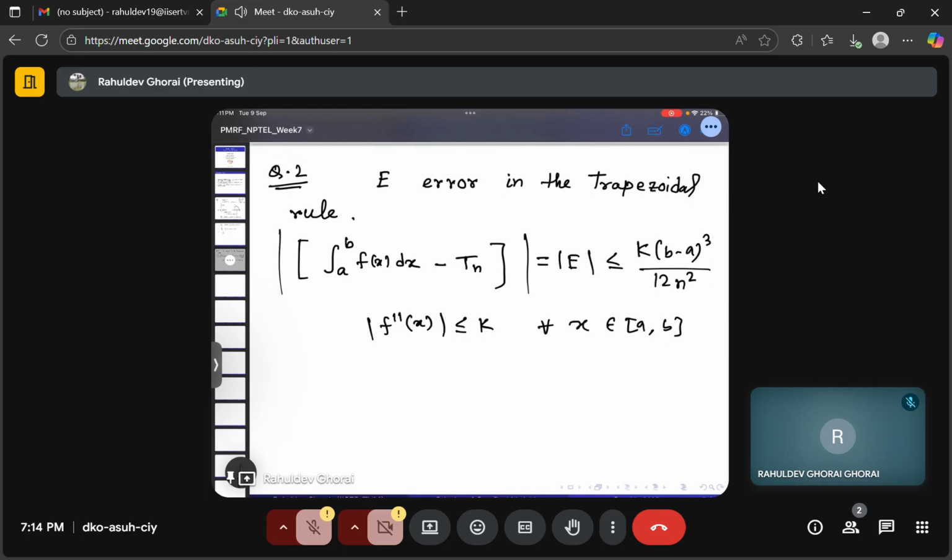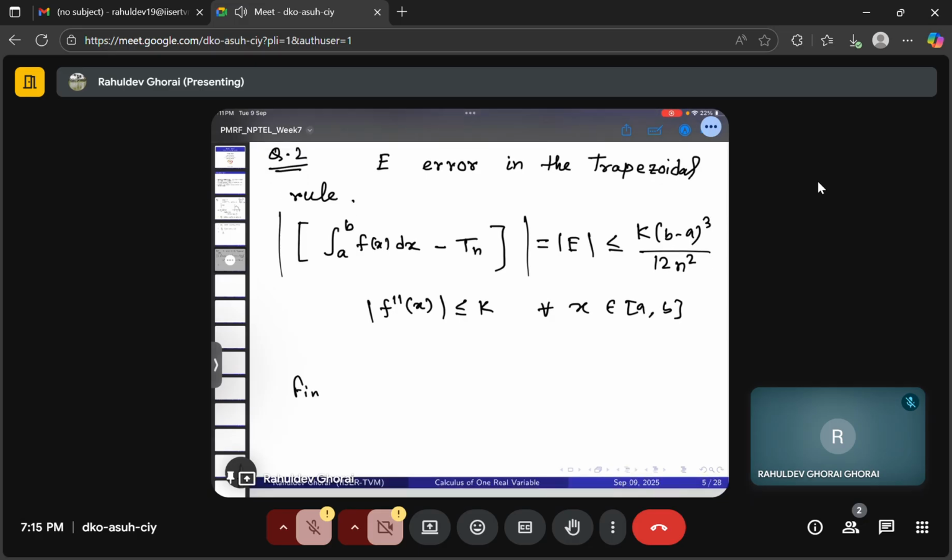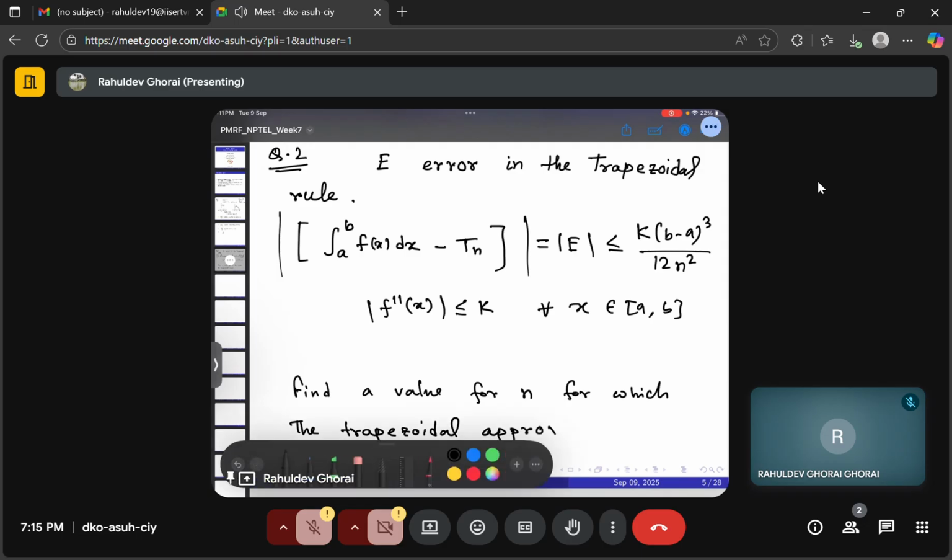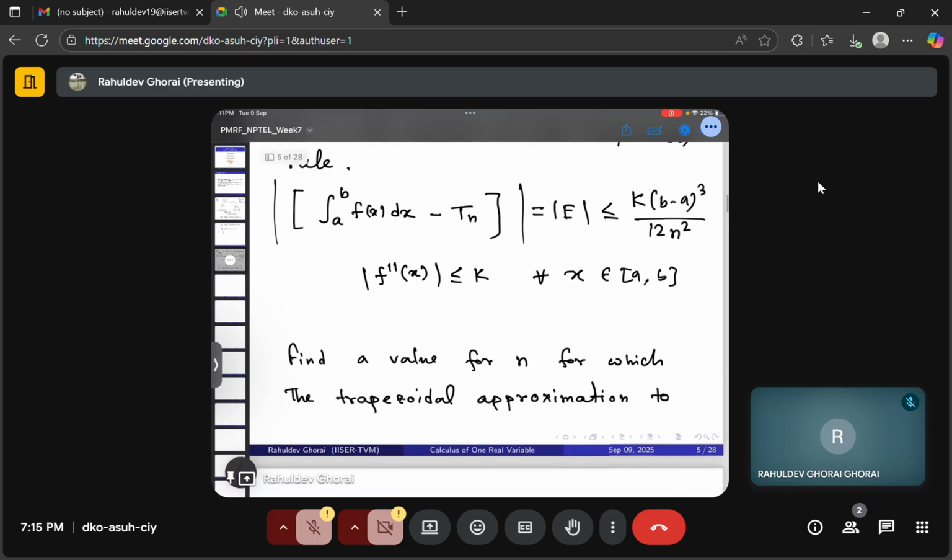So then the question is: find a value for n, meaning the number of intervals, or how many partitions you need in the interval a to b, for which the trapezoidal approximation to this integration, the integral from 1 to 3 of 1 by x dx, which is equal to ln 3, has an error.